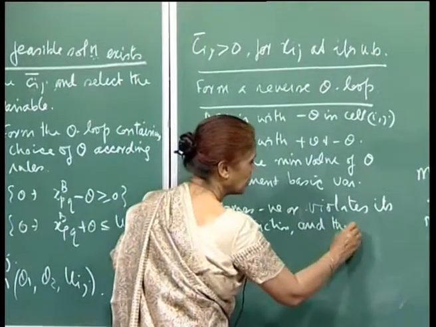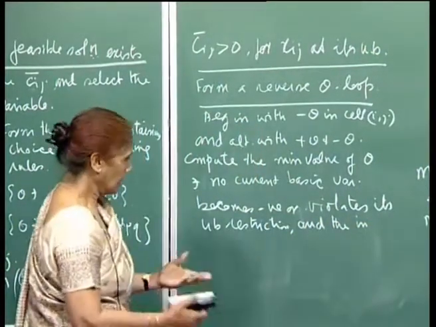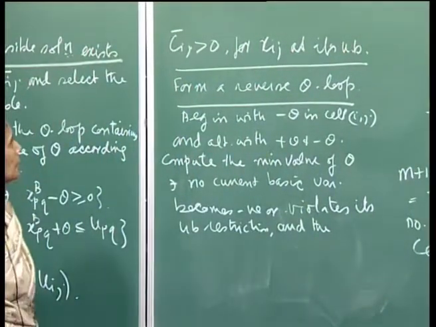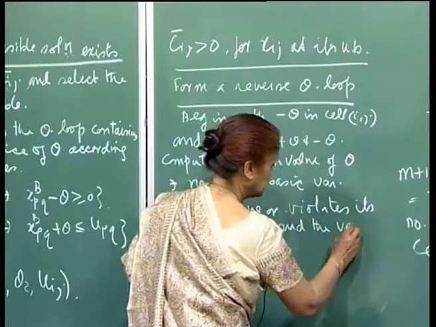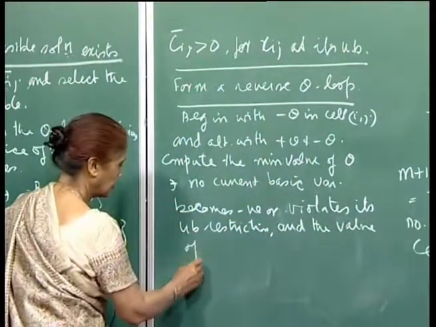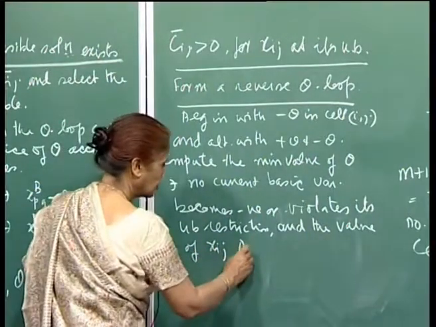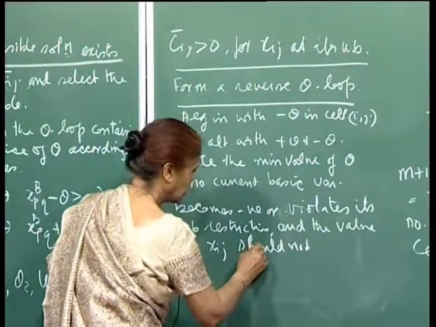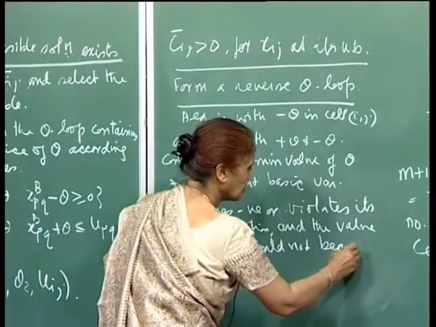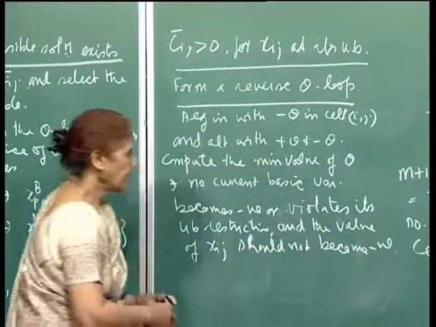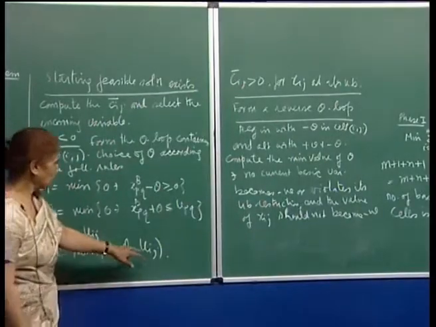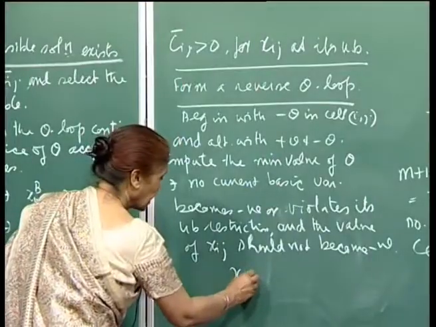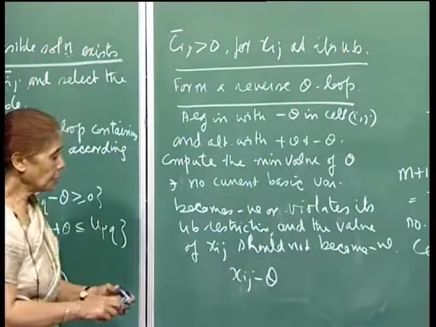And the incoming variable, I should not say outgoing, and the value of Xij should not become negative. So, the same values will be computed. There will be Uij, because this Xij value you are reducing, right, you are writing Xij minus theta, because you are beginning the loop with minus theta.